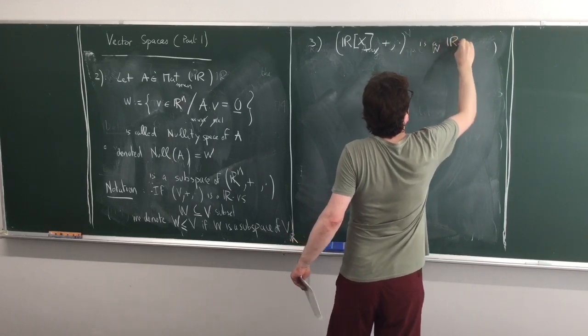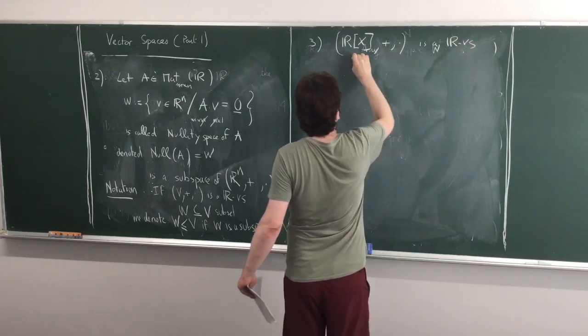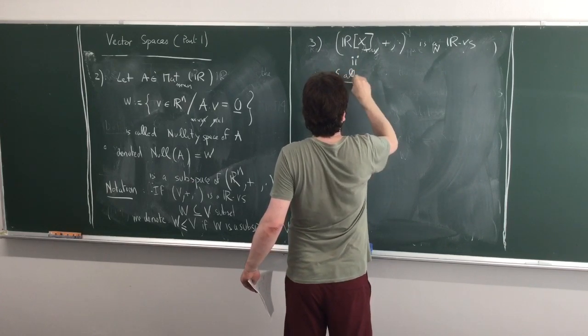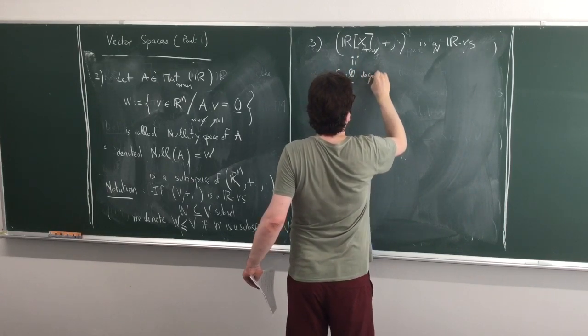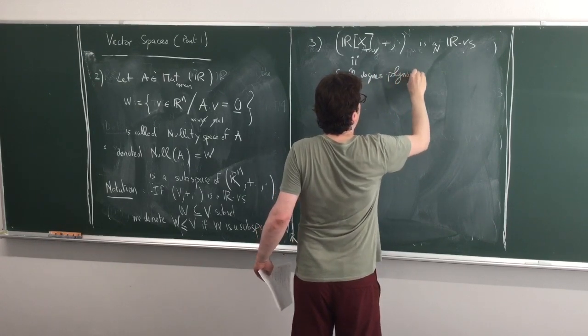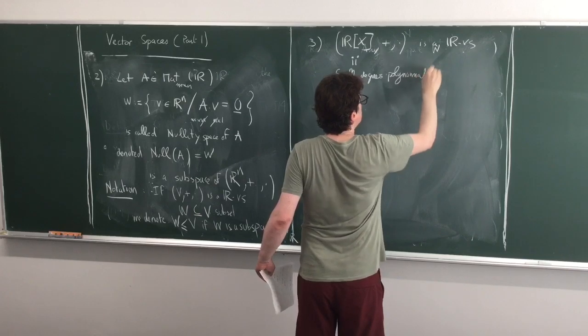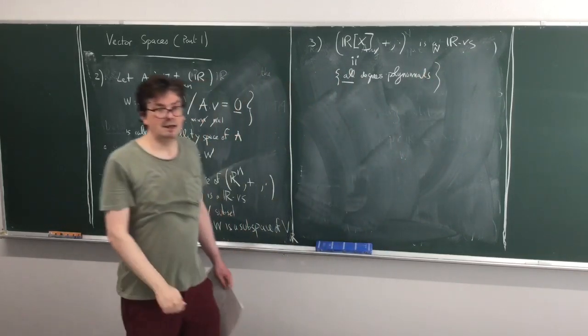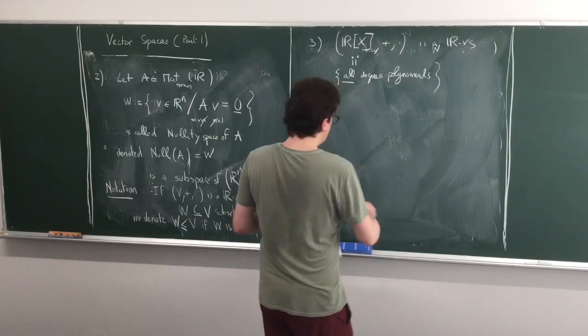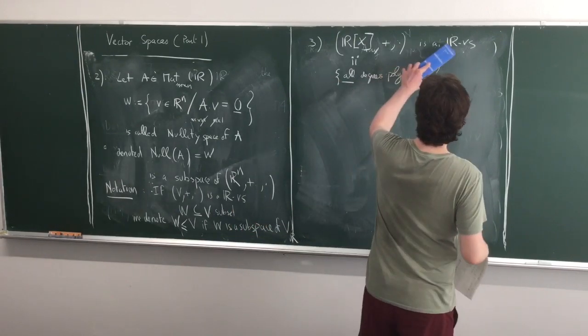This is an R vector space, and here what do I mean? I mean the set of all polynomials of all possible degrees, not fixed by some integer n. So all polynomials of all degrees. So this set is actually an R vector space.